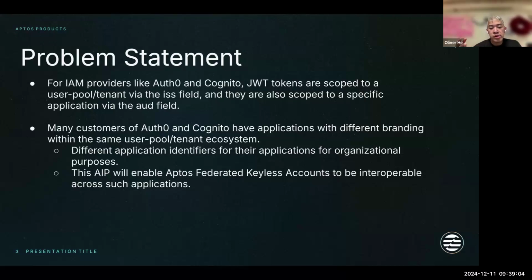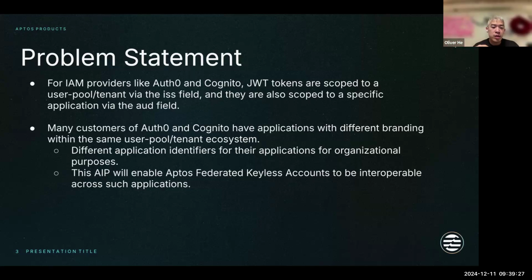To give an example, a brand like Disney might want to share the same account across different sub-brands, such as ESPN or Pixar, which are under the same parent system, and they might want to use the same login or the same account identity model.